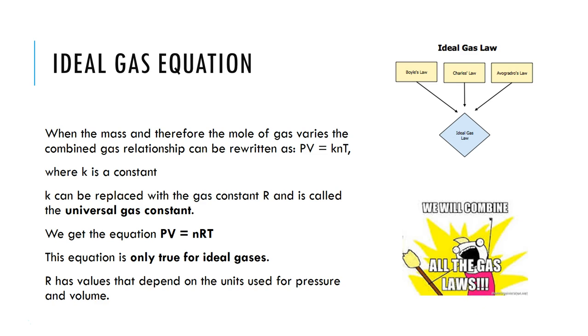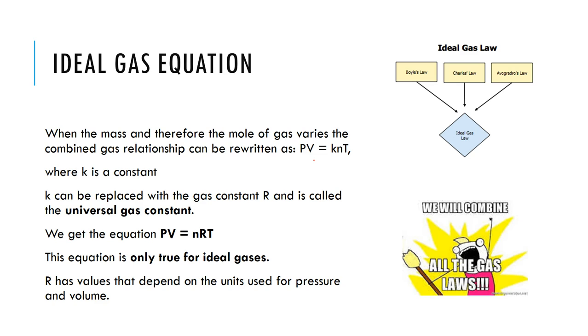So if we look at the mass and therefore the moles of gas, as this varies, the combined gas relationship can be PV equals a constant multiplied by the number of moles and the temperature. This constant can be replaced with the gas constant or the universal gas constant, and then we get PV equals nRT.